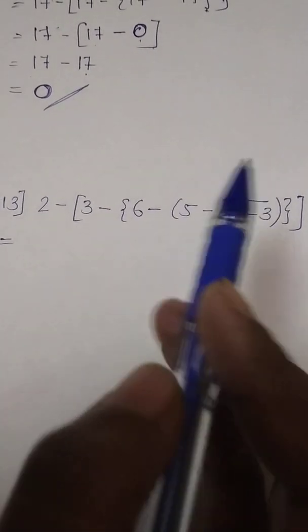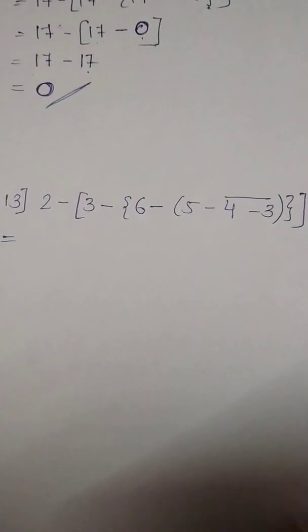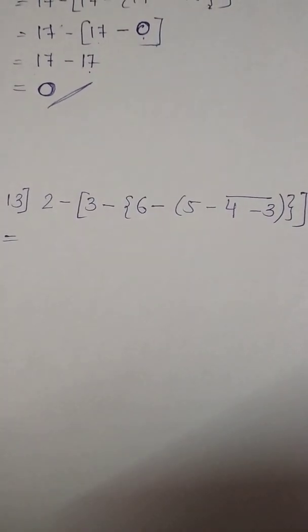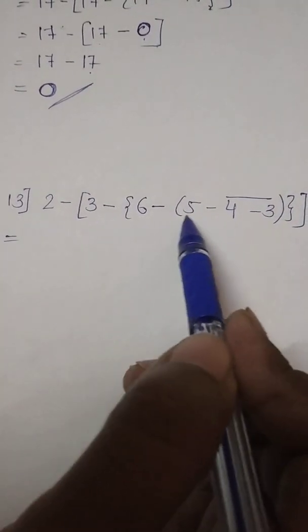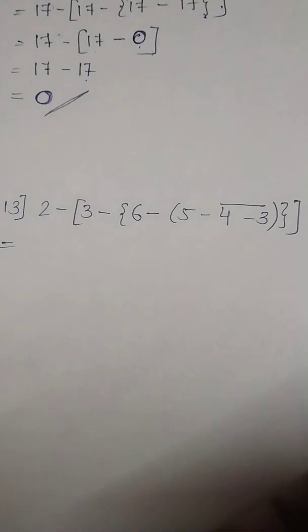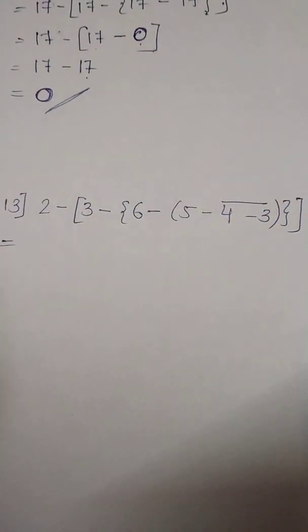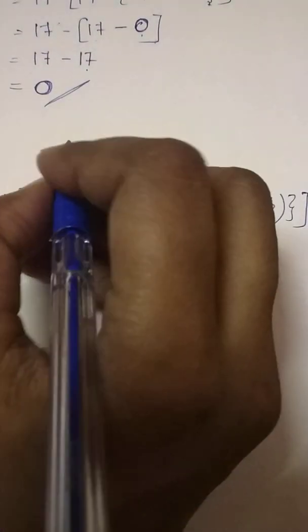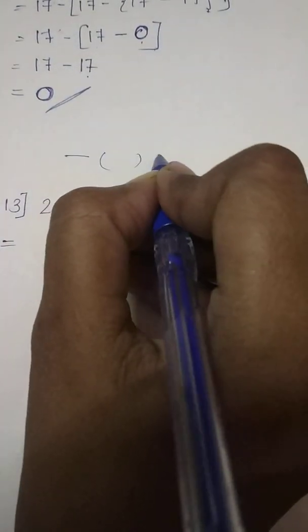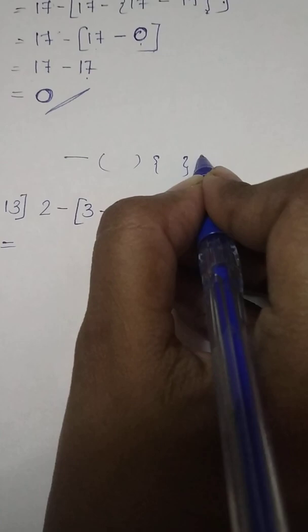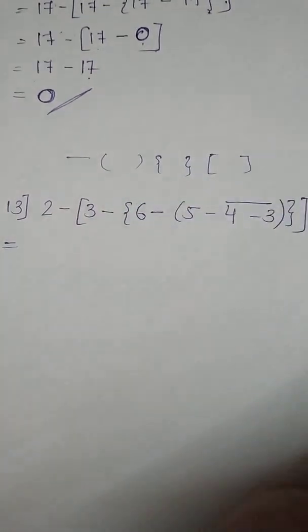So the next sum. Brackets are given, of different types, and minus signs are given. It is very easy. Solve the brackets one by one according to the order, that is vinculum, small bracket, curly bracket, and big or square bracket.